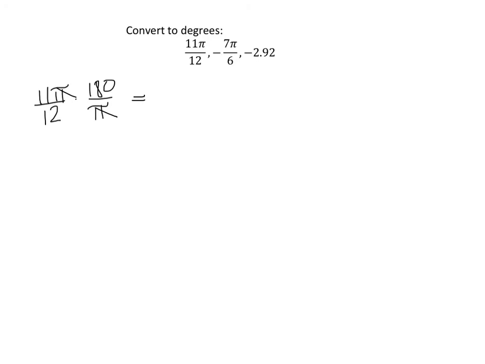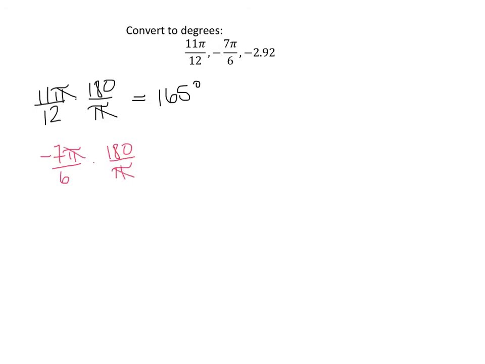When I put this into the calculator, 11 times 180 divided by 12, I can put it all in one line. I get 165 degrees. The next one, negative 7 pi over 6. Again, I multiply by 180 over pi.